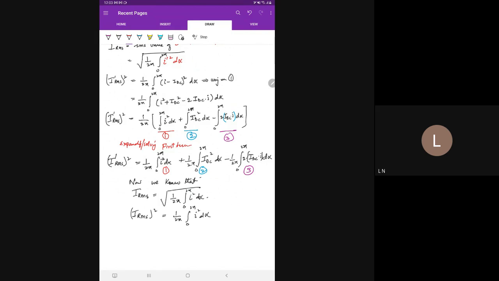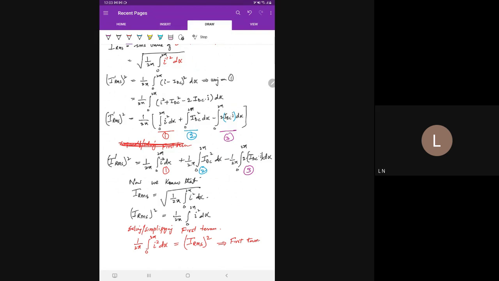Simplifying the first term: since the first term is equal to 1 by 2 pi integral 0 to 2 pi I square d alpha, we can write it as IRMS whole square. And that is the first term.